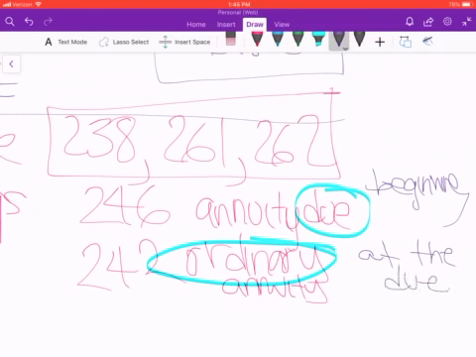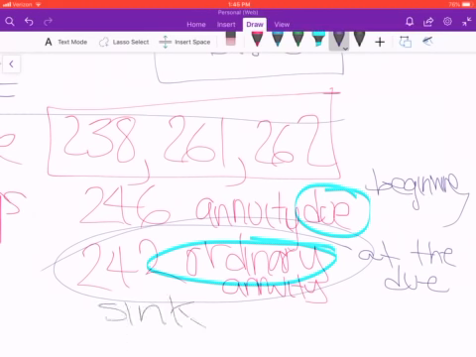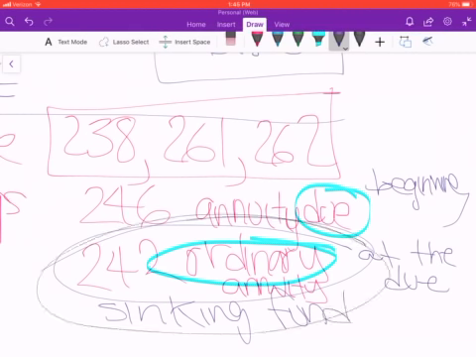Also, you should know that for ordinary annuities, for sinking funds, you need that same formula, the one in page 242.